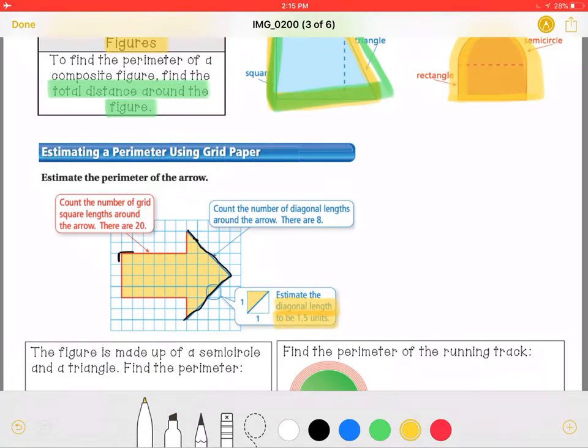So if I have 8 diagonal units, that's 8 that are all 1.5 long. So I would have to do 8 times 1.5 to figure out the perimeter of just those diagonal units. 8 times 1.5, when I do that, I get 12. But then I also still need to add in those horizontal and vertical ones that I started to count.